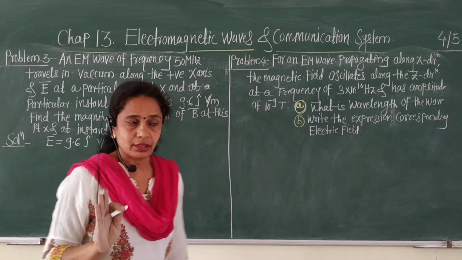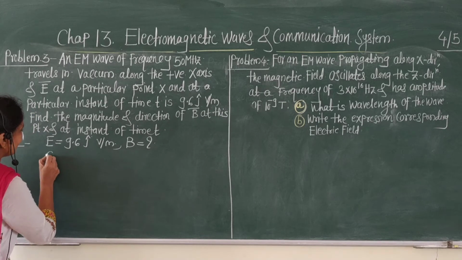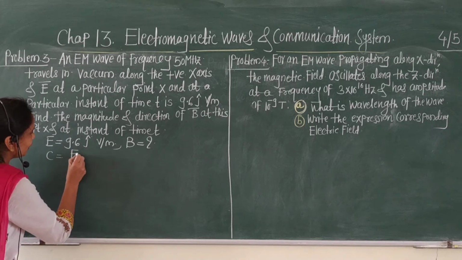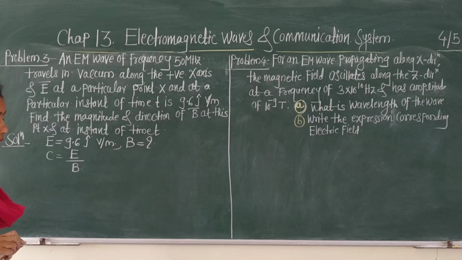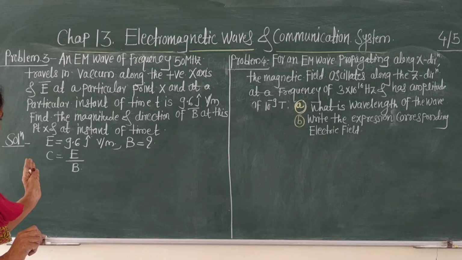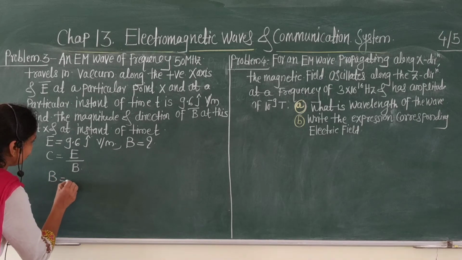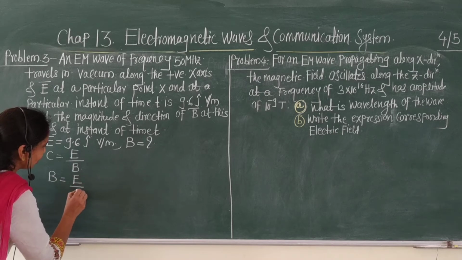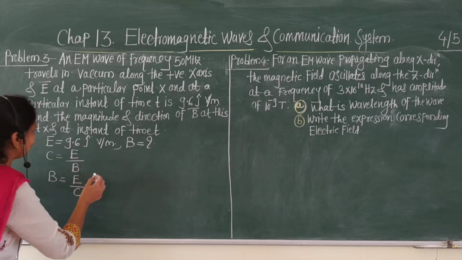Let us solve this. You know that C is equal to E upon B. Therefore, we have to calculate B. B is equal to E upon C. What is the value of E?